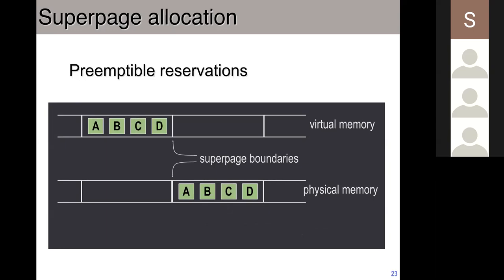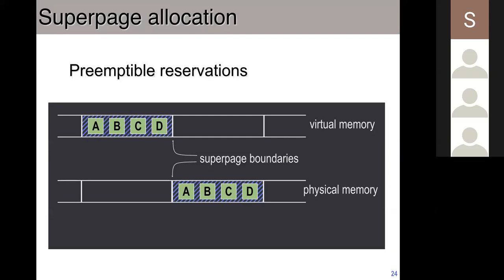Only when the neighboring base pages were accessed, at that point, we marked all the page table entries, 4 page table entries for the A, B, C, and D. And then the operating system jumps ahead and marks them all as a super page, which means it changes the page table entries to say these are part of a super page of size 4, and then the TLB picks them up upon the next access to the super page.